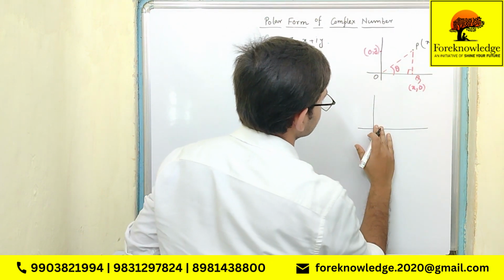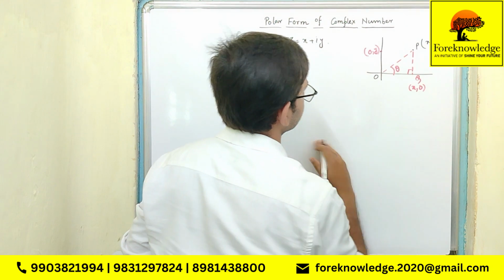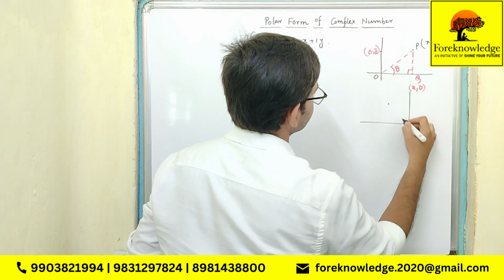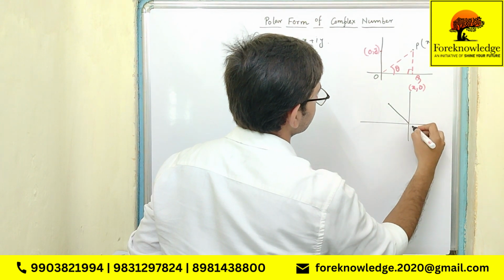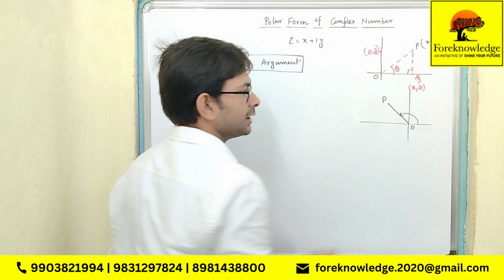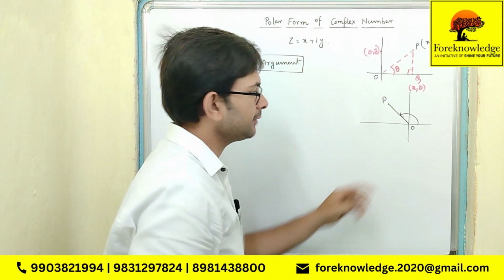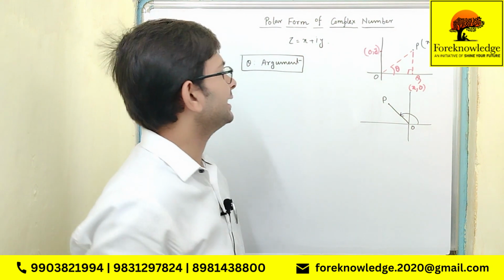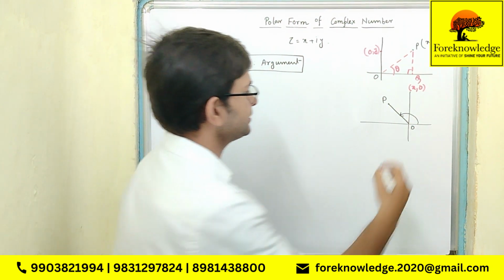Suppose this is in the first quadrant. Suppose the point is here. So if we join O and P, then this angle is the argument. This is the theta.